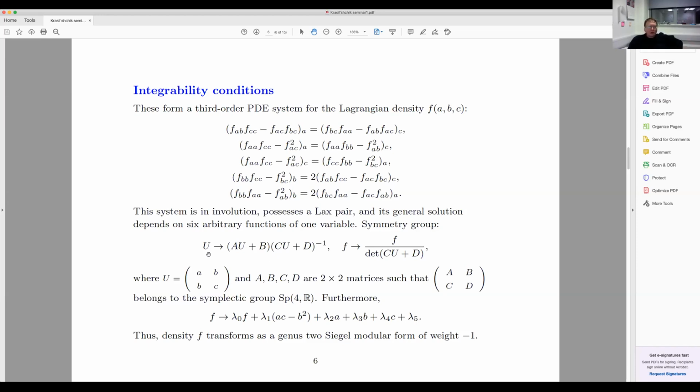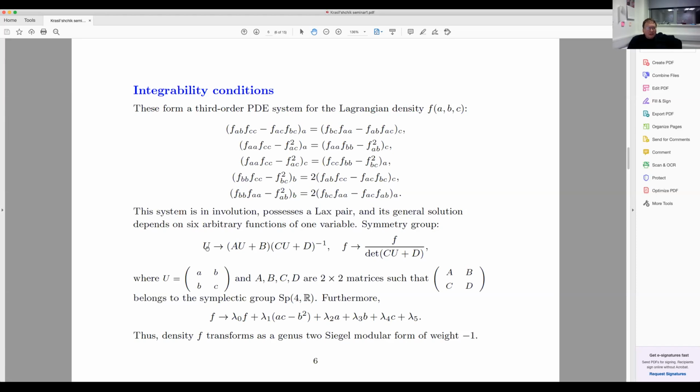So let me introduce the matrix. This system has A, B, C as its independent variables and F as its unique dependent variable. So first of all, I have to show you how A, B, C transform. It's convenient to introduce this 2x2 symmetric matrix.